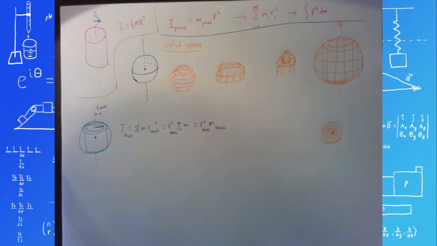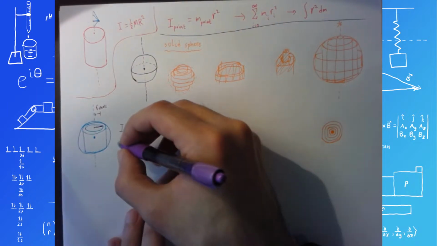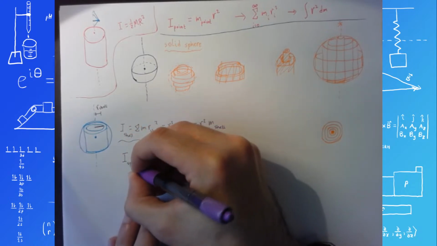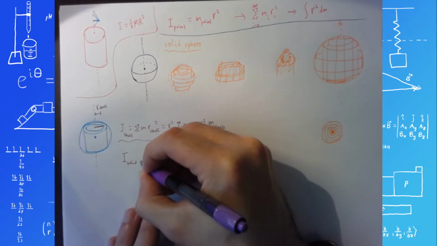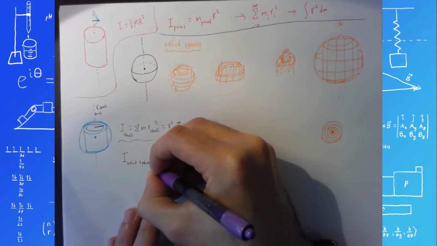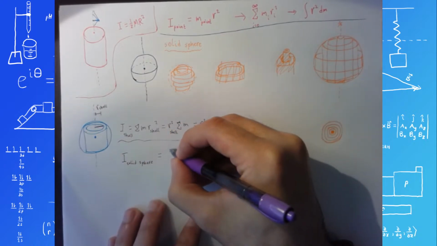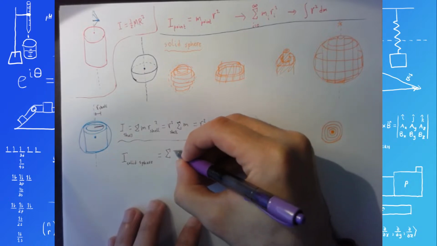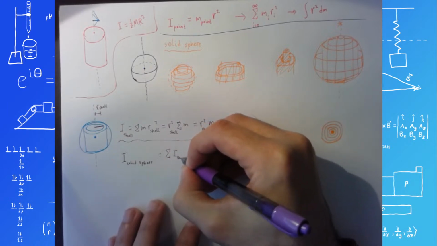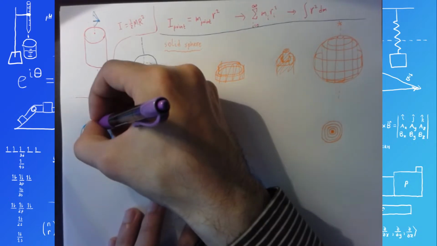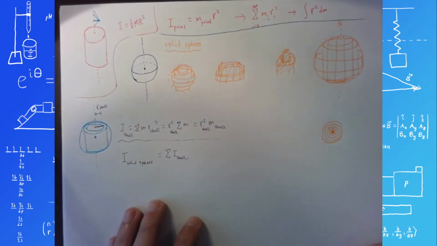Well, we're trying to find the moment of inertia of a whole entire sphere, so we need to add all the shells. We need I of the solid sphere is equal to the sum of all of the shells, starting from the central shell and moving our way outwards.